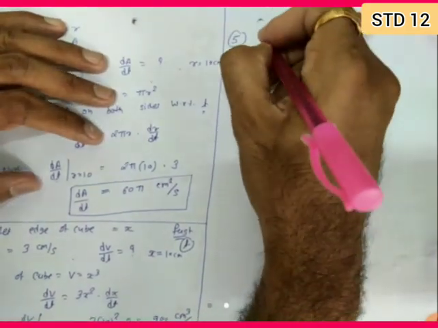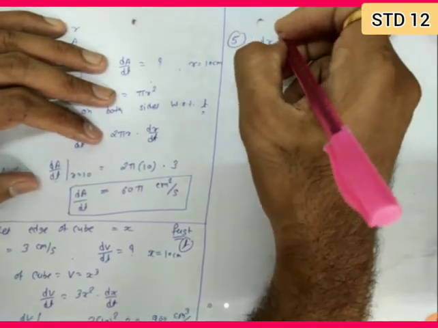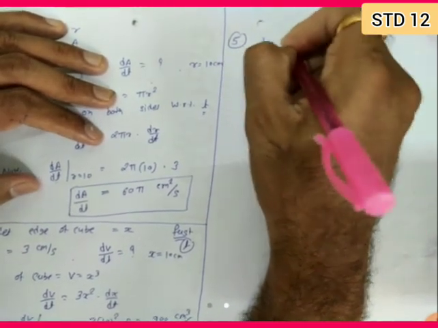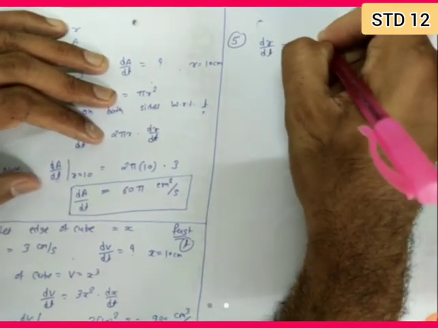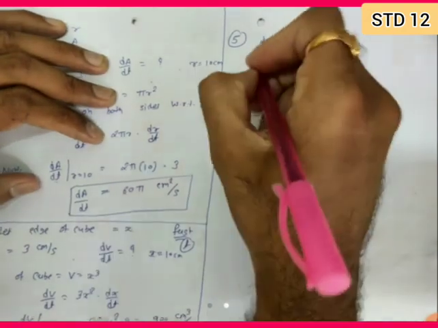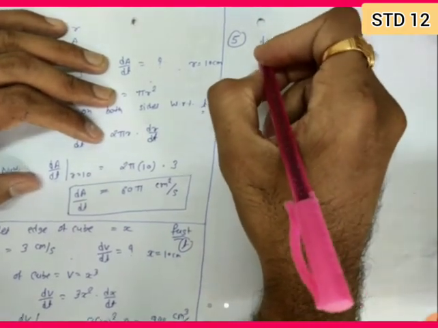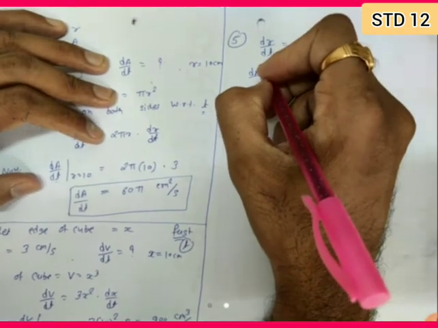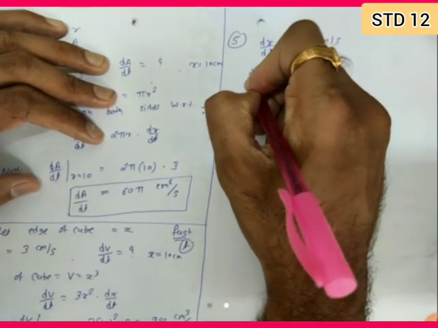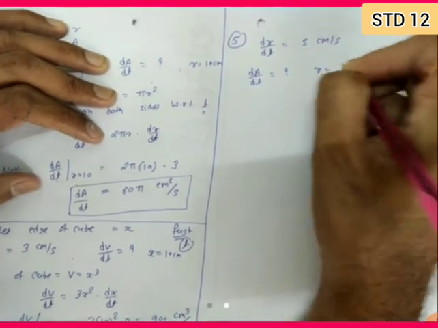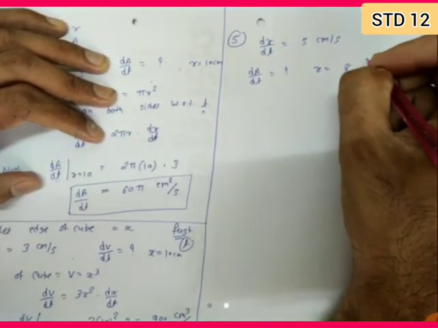What we are given: rate of change of radius with respect to time is 5 centimeter per second. You have to find the rate of change of area with respect to time when radius r is 8 centimeter.